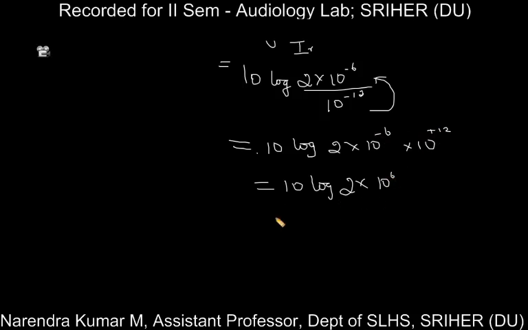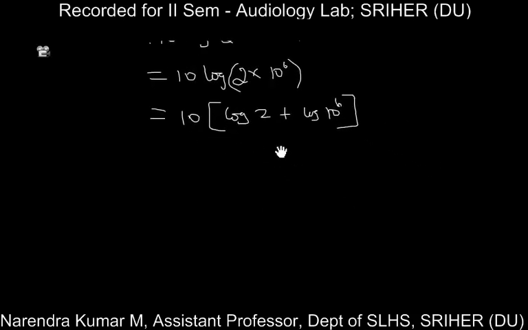Now the log is for 2 into 10 to the power 6. So this will become 10 log of 2 plus 10 to the power 6. Whenever there is multiplication, when I apply a logarithmic formula, it becomes addition. So we need to find the logarithmic value of 2 and the logarithmic value of 10 to the power 6.